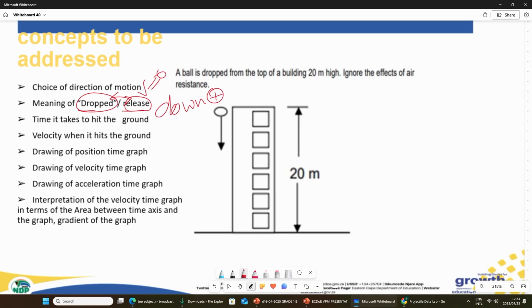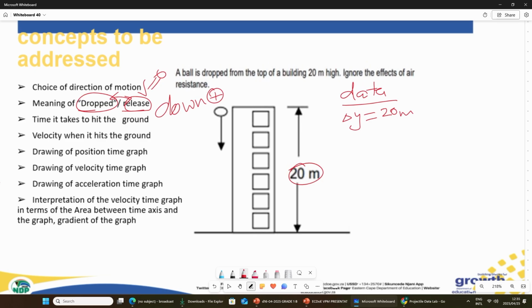If we want to calculate the time taken to hit the ground, we must also gather what we call the data, in order for us to be able to choose the equations of motion, okay? From the statement, they gave us the height. So delta y is given to be 20 meters, okay?